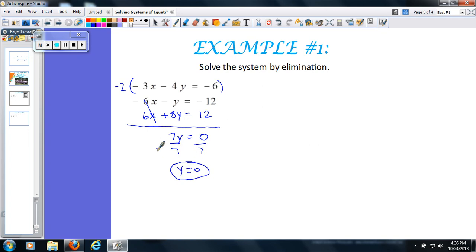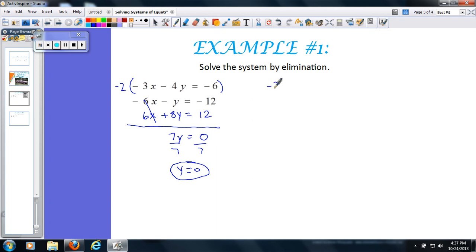Now I'm going to take y equals 0 and plug that back into one of the equations. The part we just did is the only part that is different than the substitution method, in all honesty. Once you get to this point, it's the same idea as substitution.